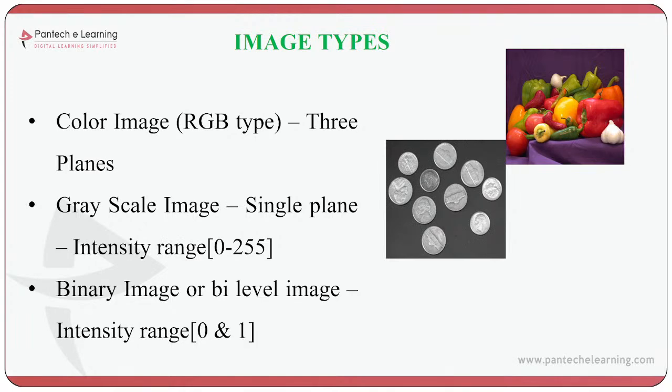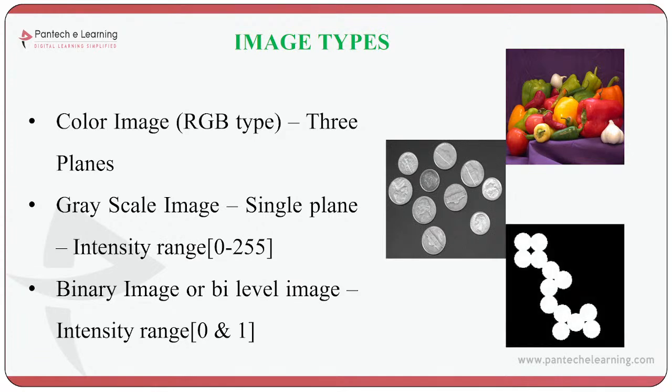So the types are the color image in RGB, the grayscale image, and the binary or bi-level image, which you can call the black and white image. So this is the black and white image. A picture taken in the camera is itself an RGB color image.